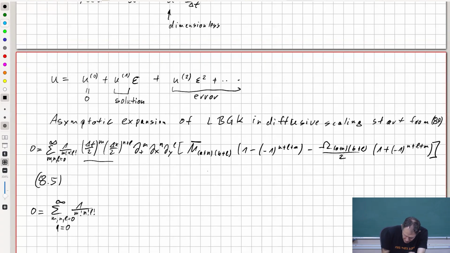Now first we have to deal with this part here, where we have the delta t to the power of m and delta x to the power of m. Now delta t is proportional to delta x squared, right? So if it's delta x squared, it needs to be epsilon by 2m, right?